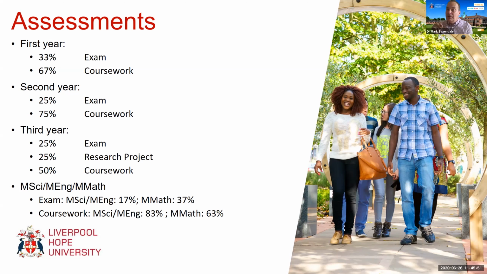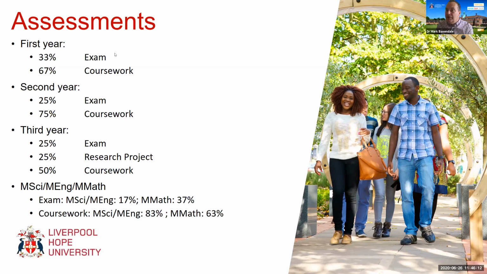The BSc or BEng is a 3-year course, or 4 years if you do the optional year in industry. The year in industry slots in between the 2nd and 3rd years. So you do your first 2 years, then a year in industry, and then you come back and finish your degree.